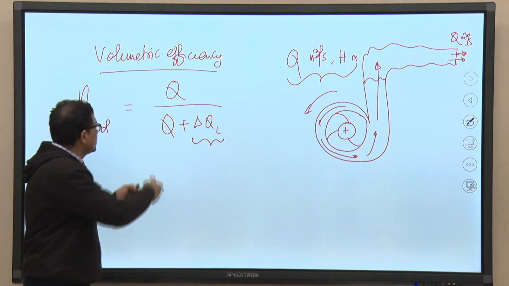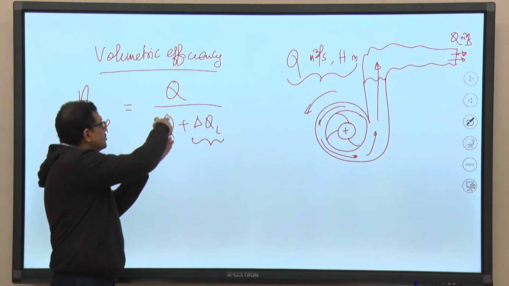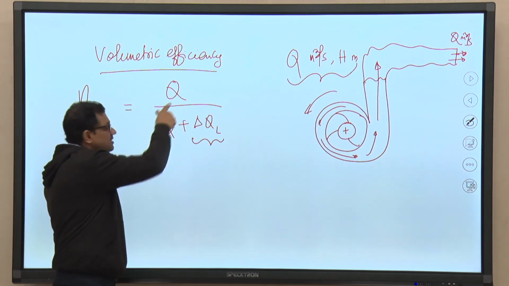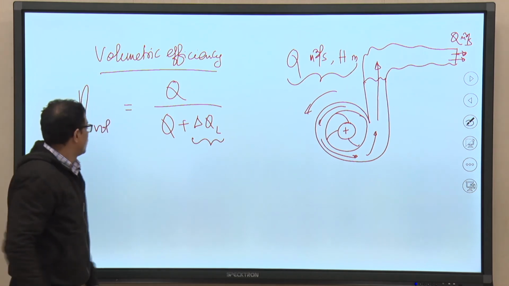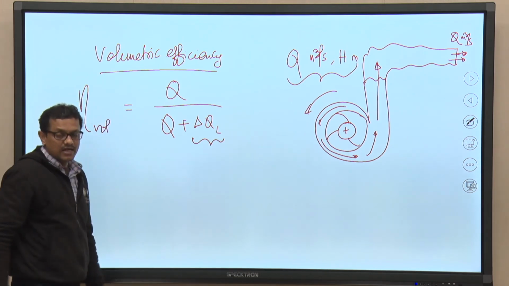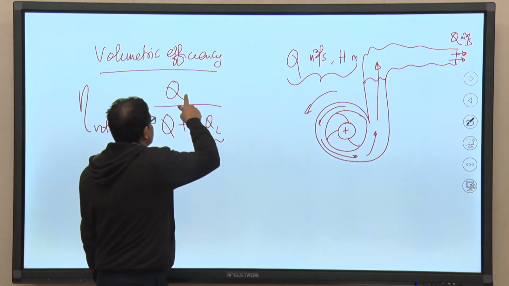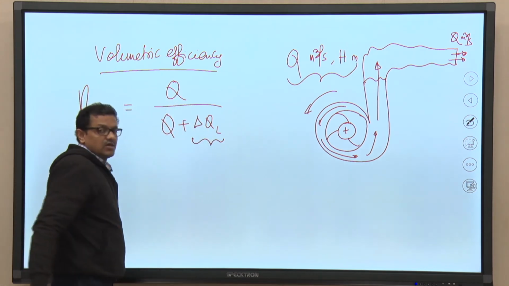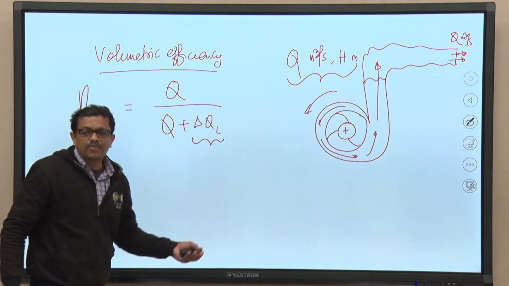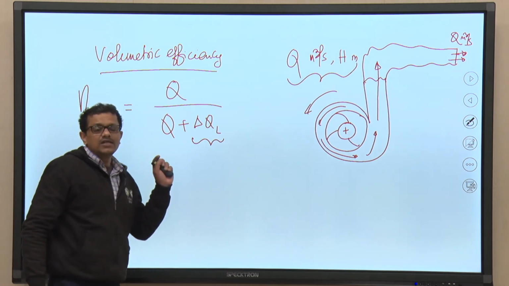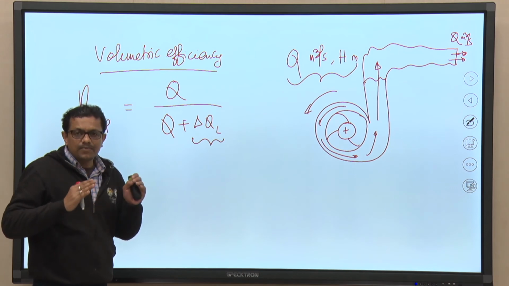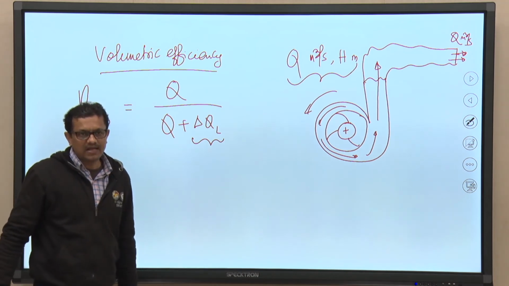As a result, because of the difference between these two quantities in the denominator and numerator, we get the volumetric efficiency. So, the volumetric efficiency is nothing but the actual quantity discharged by the pump to the ideal quantity which is supposed to be delivered by the pump.